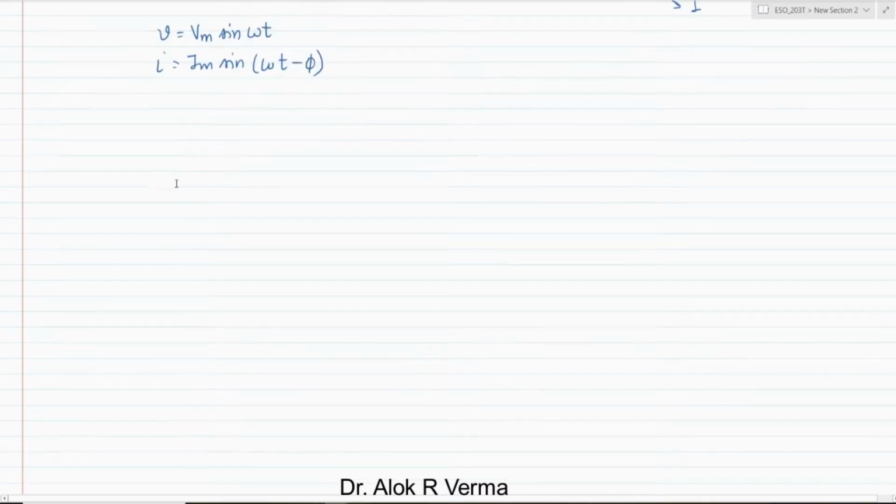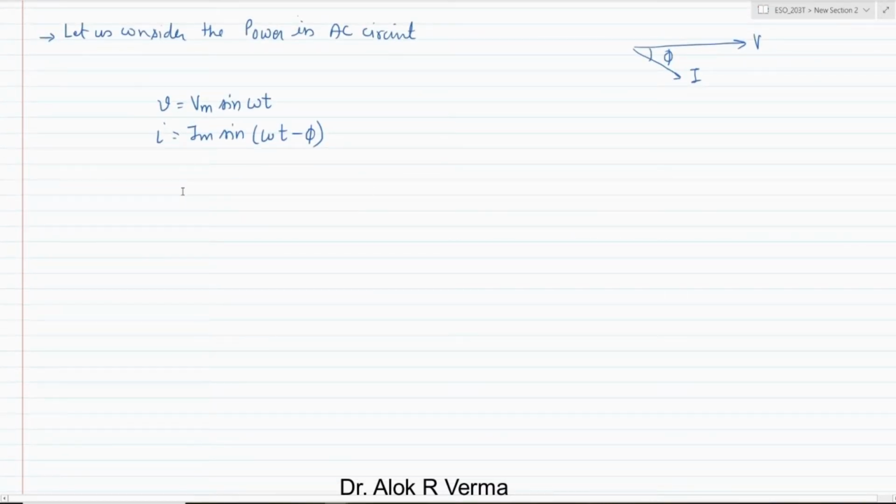If we consider the power in the AC circuit, the instantaneous power is V into I. So we can write it as Vm sin omega t into Im sin(omega t minus phi).